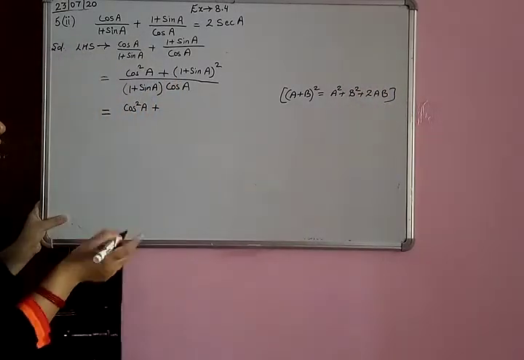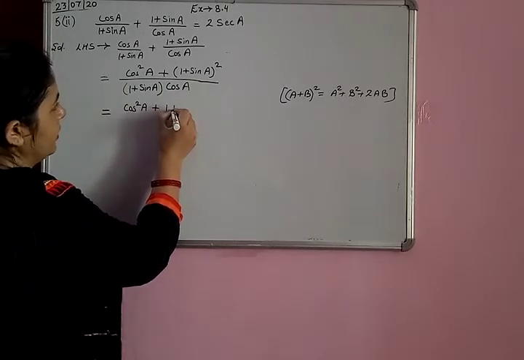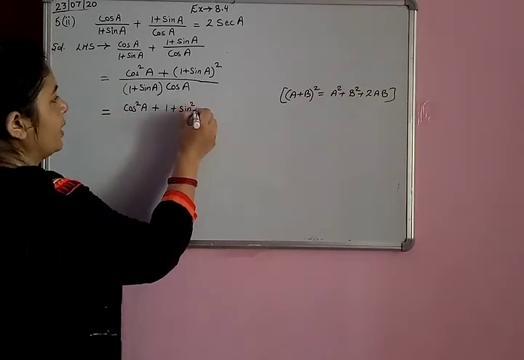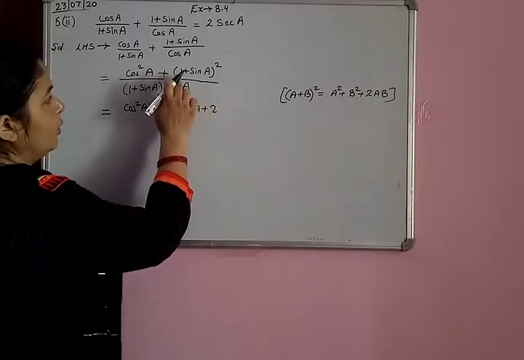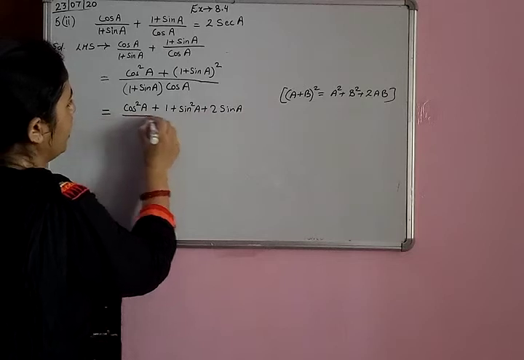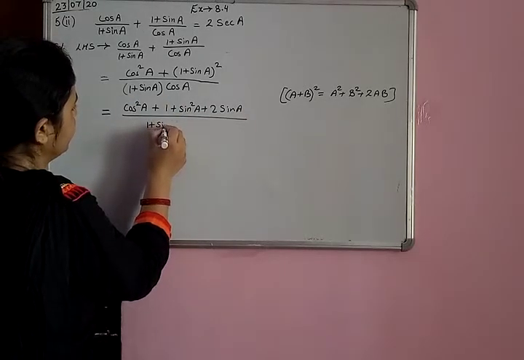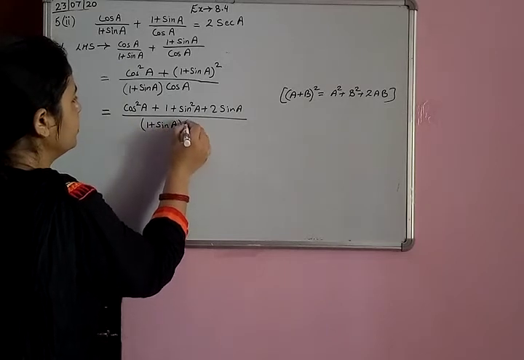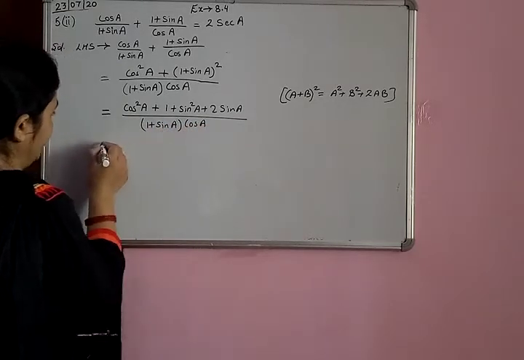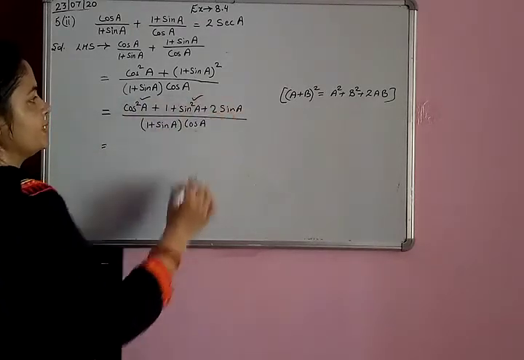Okay, so using this identity I can open this bracket. So 1 square is 1, plus sin square A, plus 2 into 1 into sin A, so 2 sin A, upon (1 plus sin A) into cos A.